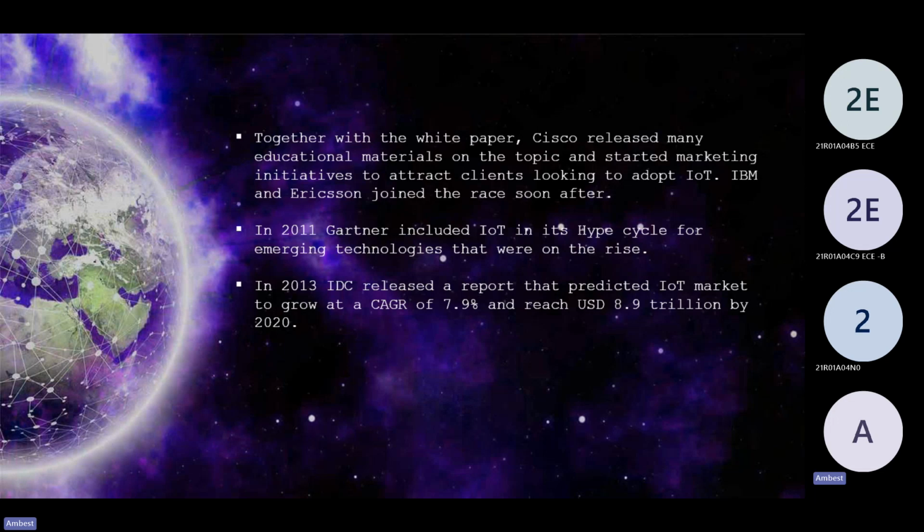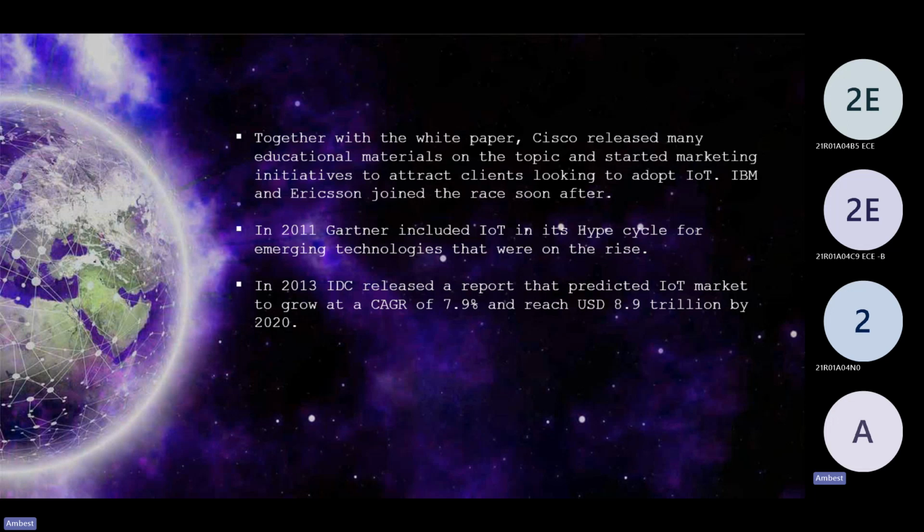Then they reported in 2013 that the IDC reported the IoT market had grown by 7.9 percent and would reach USD 8.9 trillion by 2020. As we see, how much it has increased over the past few years.